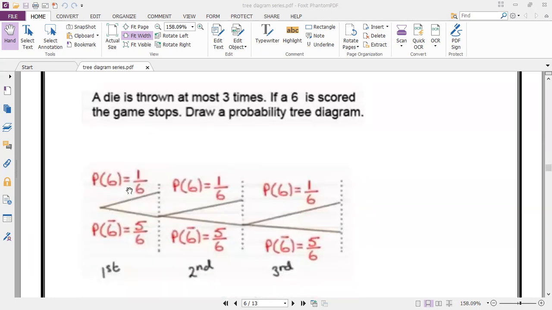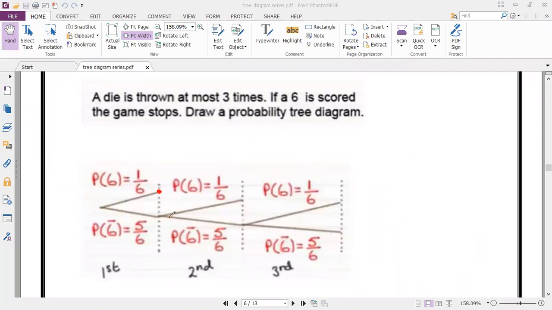So here we have P(6) and P(6 dash). What is the probability of getting 6? It's 1 chance out of what? Out of 6 chances. And if you didn't get 6, how many chances? 5/6. This is for the first time, and as you see, here the game stops, ended.